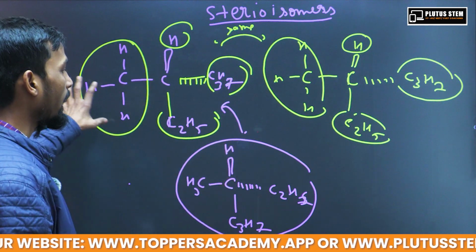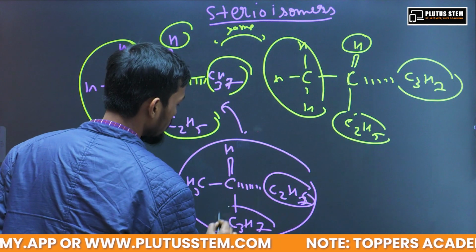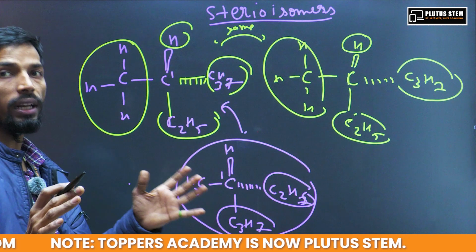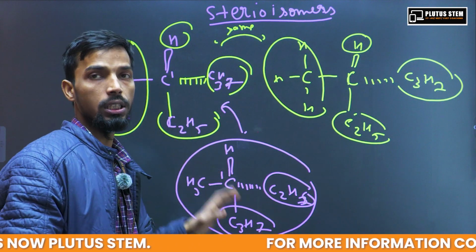Here we can see the connectivity is still the same. This C2H5 and this C3H7 are still connected to this carbon only, but their orientation in 3D is different. That's why these two are stereoisomers.